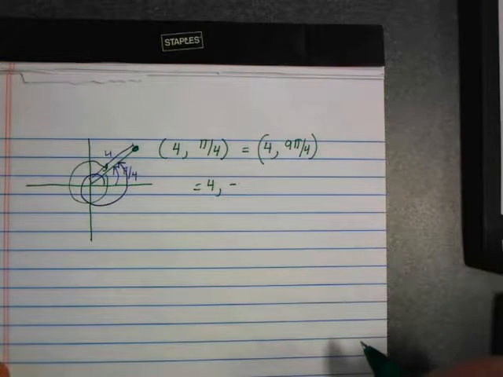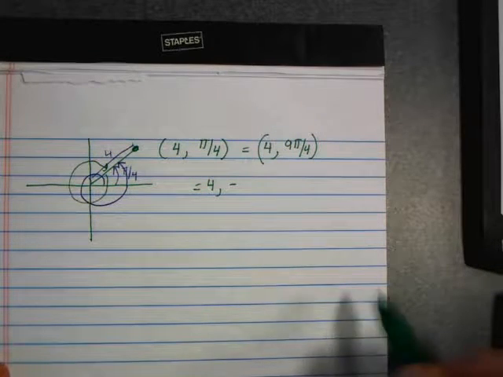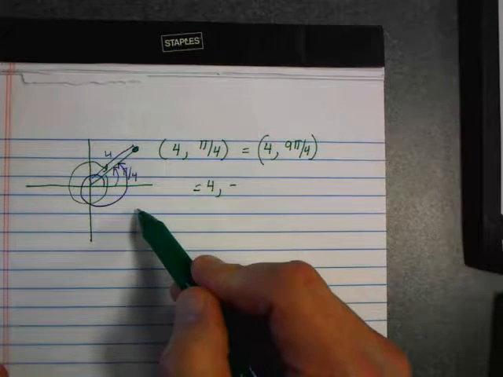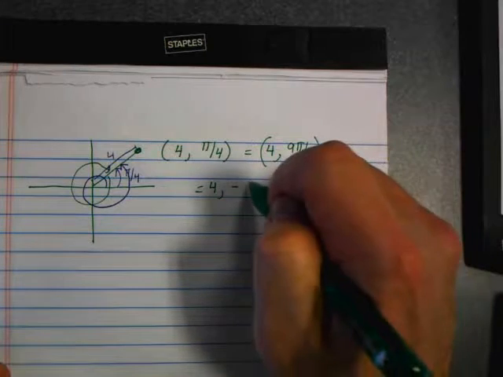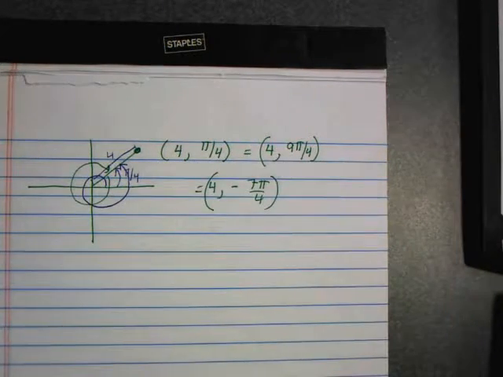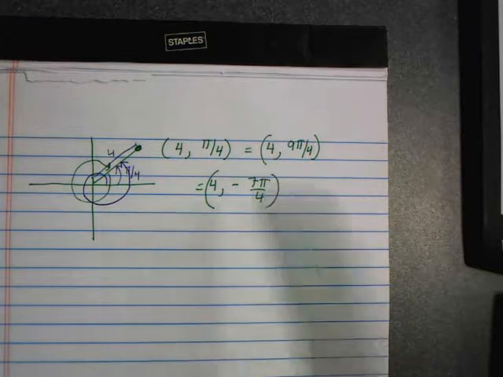Negative 9 pi over 4 would go all the way around and then a little more. It is negative 7 pi over 4. So there are an infinite number of ways I could label that point, using positive angles, using negative angles, using any number of revolutions that I want. So that's kind of weird. In rectangular, the point 4, 2 is the point 4, 2 and there's nothing else you can call it. In polar, any point has an infinite number of correct answers.